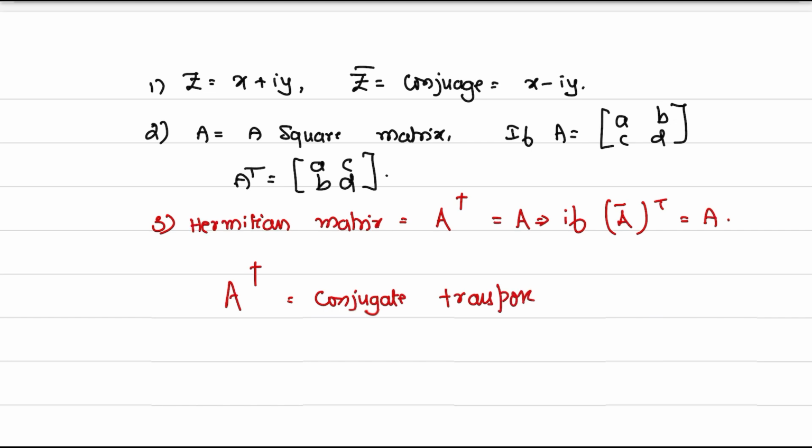If A is equal to A conjugate transpose, then A is a Hermitian matrix. If a matrix is given and asked to find out whether it is a Hermitian matrix or not, we have to follow these steps. With an example, I will explain it to you. Let us take one example.